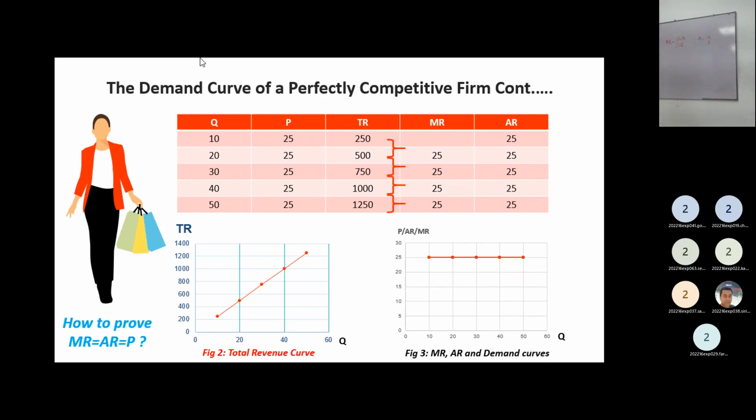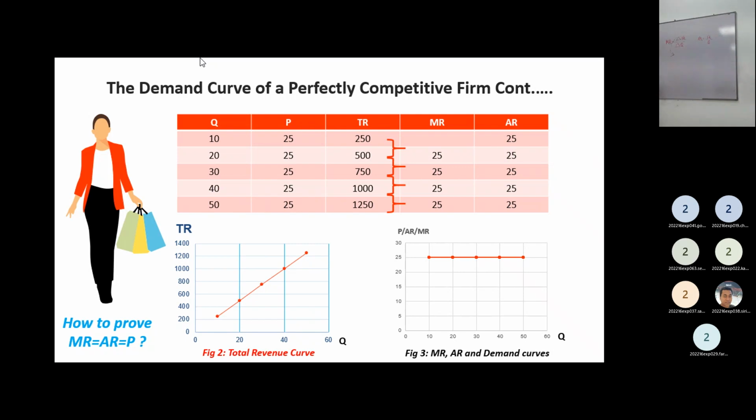So this is the behavior of your total revenue. It's upward sloping. But if you look at your price, average revenue and marginal revenue, it's 25, right? So how do you prove this? Now this is the way that you calculate your marginal revenue: the change in total revenue.